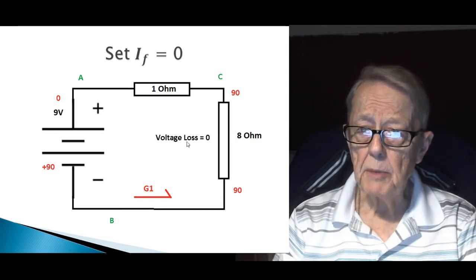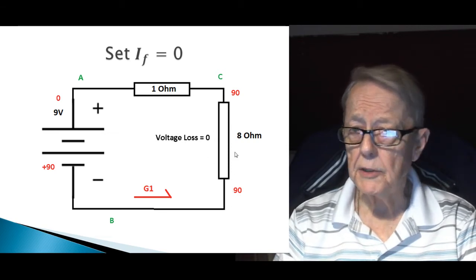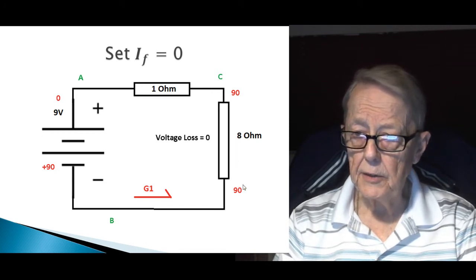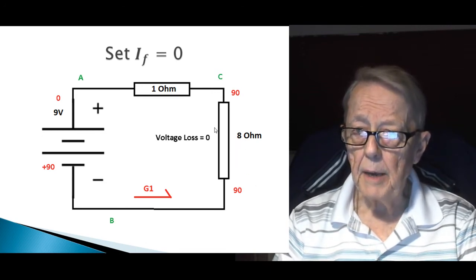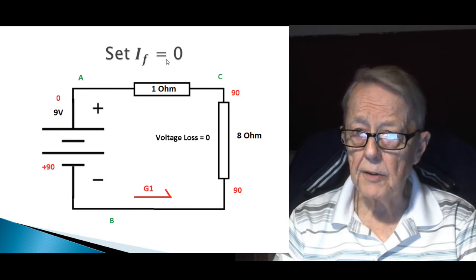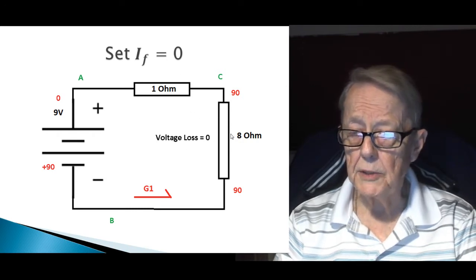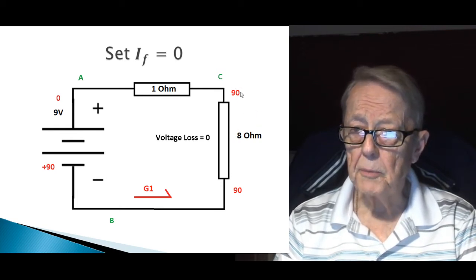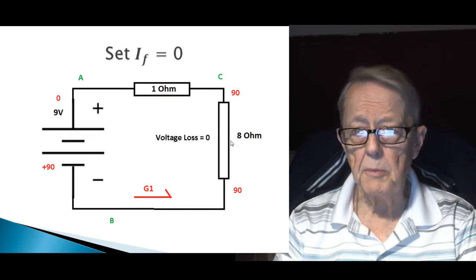Well, if I sub f is 0, the percent lost is going to be 0. You multiply, you take 90 times the interaction factor of 0 times the 8 ohm resistor to get the number lost here, and then you can subtract that. Well, it's going to be 0.